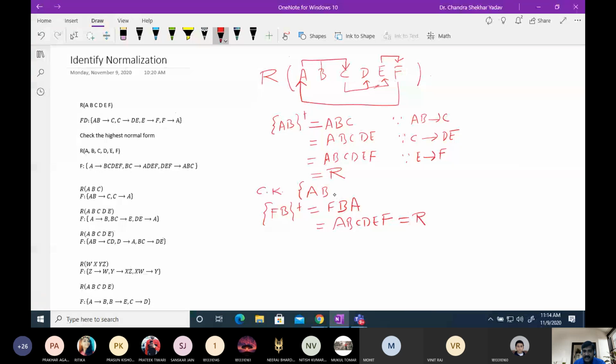AB is a candidate key and FB is the second candidate key. Is there any other candidate key?